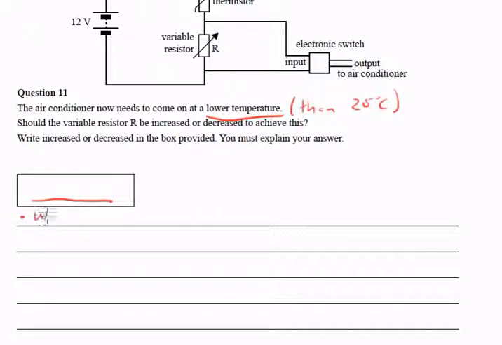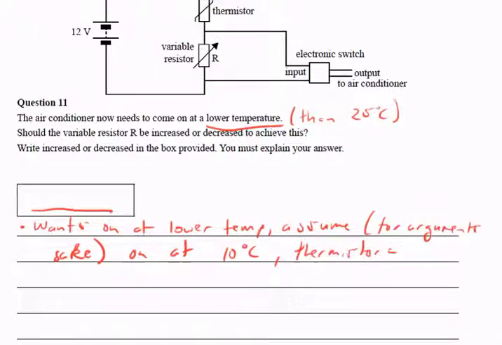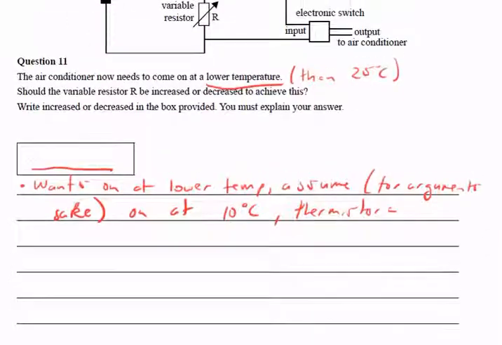So, once on at low temperature, assume, for argument's sake, on at 10 degrees. So thermistor equals 2000 ohms.